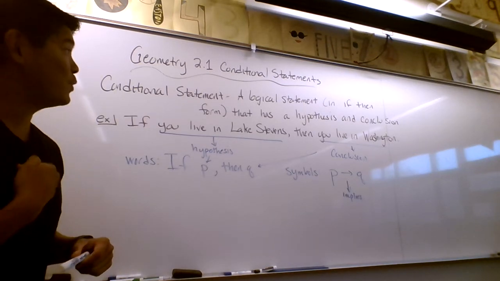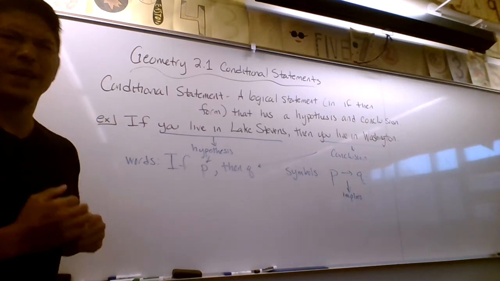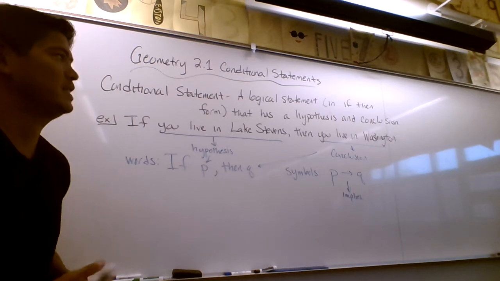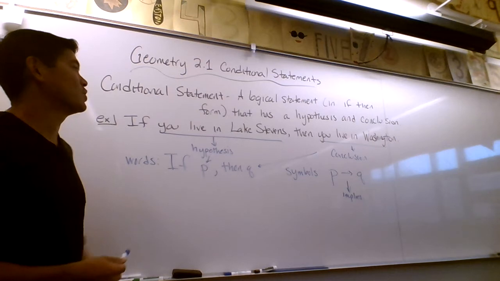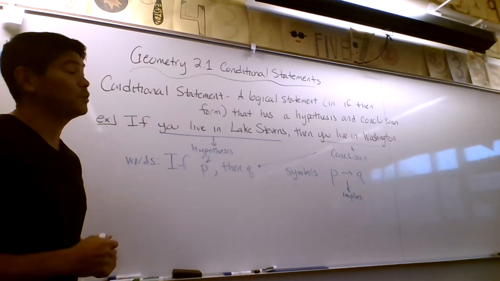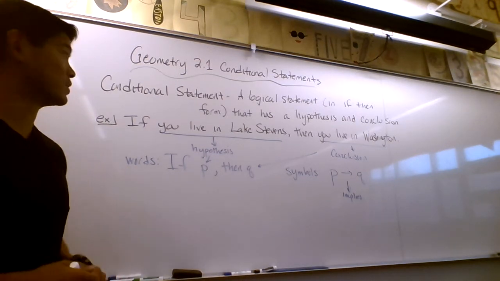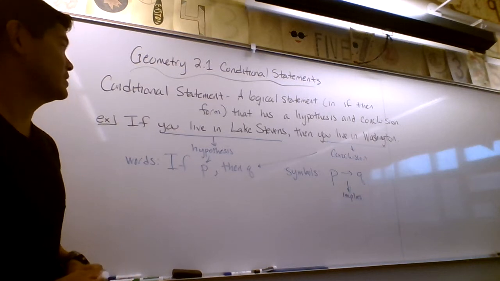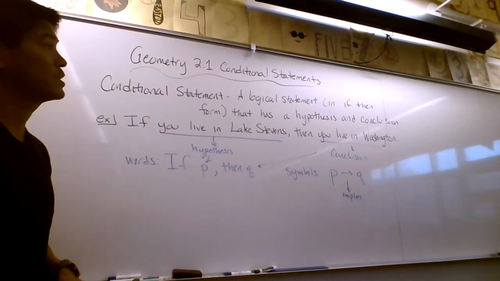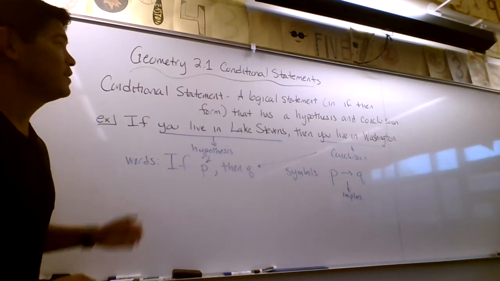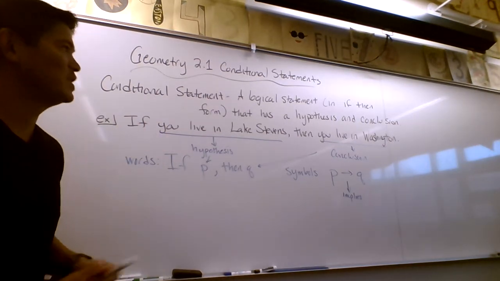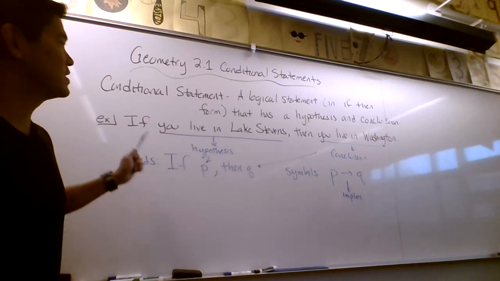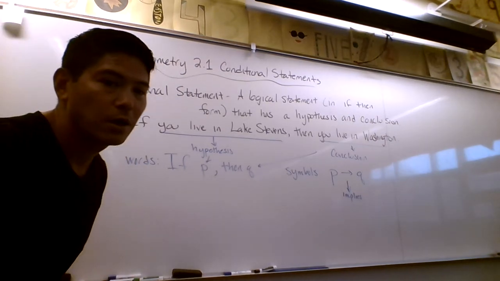I would consider this statement true because I don't think there's any other Lake Stevens, like Lake Stevens, Georgia, or Lake Stevens anywhere else in the world. If you find, maybe just Google it, another Lake Stevens in the United States or somewhere else in the world, then this would be false. But let's just assume that Lake Stevens, Washington is the only Lake Stevens. Then this statement would be true.